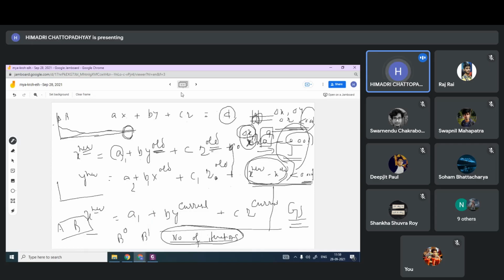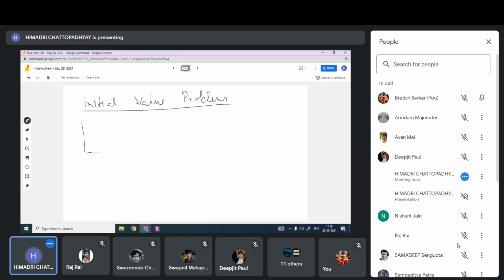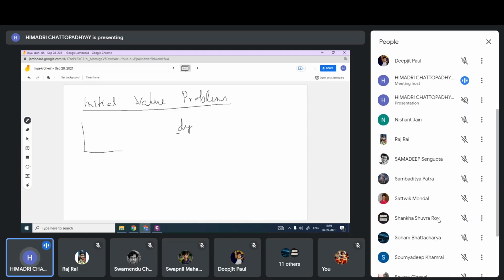Now we go to the next topic, initial value problem. This is very simple, the basic thing we only learn. Say we have an equation, dy/dx equal to 5.